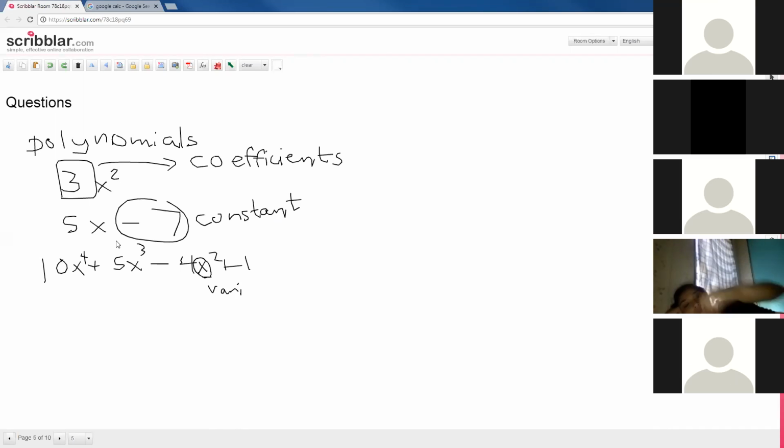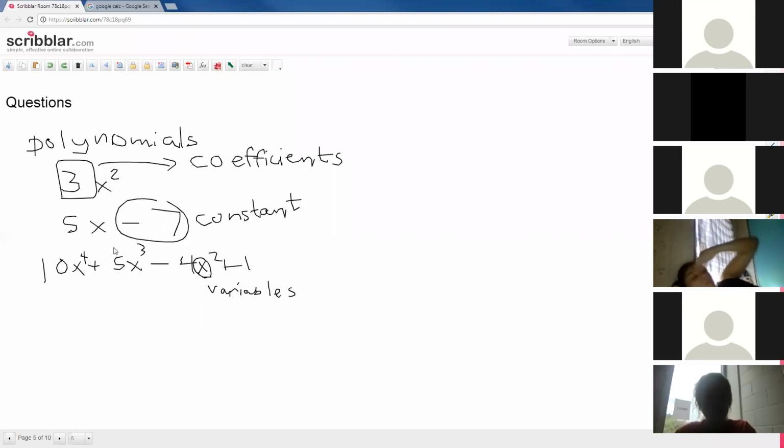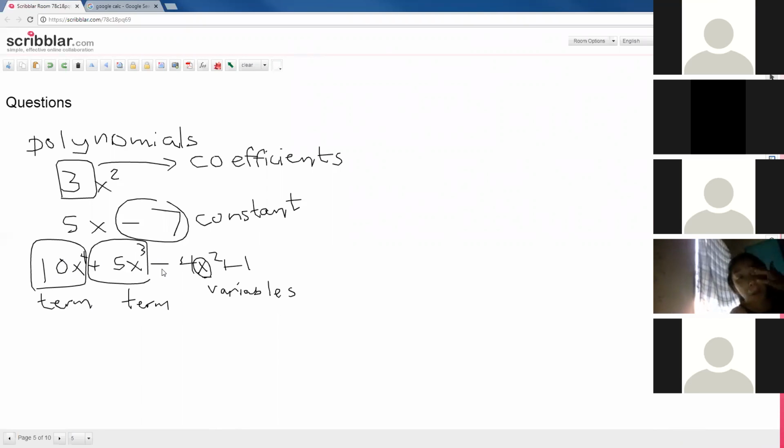And technically you can use any letter. Most of the time you'll use X. And then each thing altogether is considered to be a term. 10x to the fourth, that entire thing is a term. Or 5x cubed is a term. So once you know the parts, then you can give it a name.